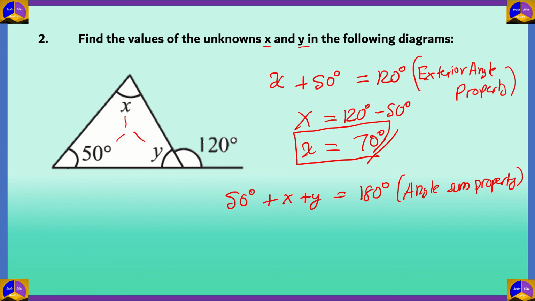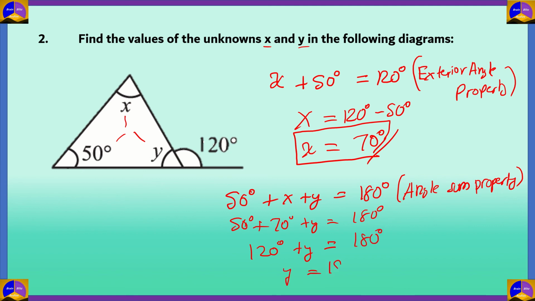So we already know the value of x, we found out. So 50 degrees plus 70 degrees plus y would be equal to 180 degrees. So 120 degrees plus y would be equal to 180 degrees.